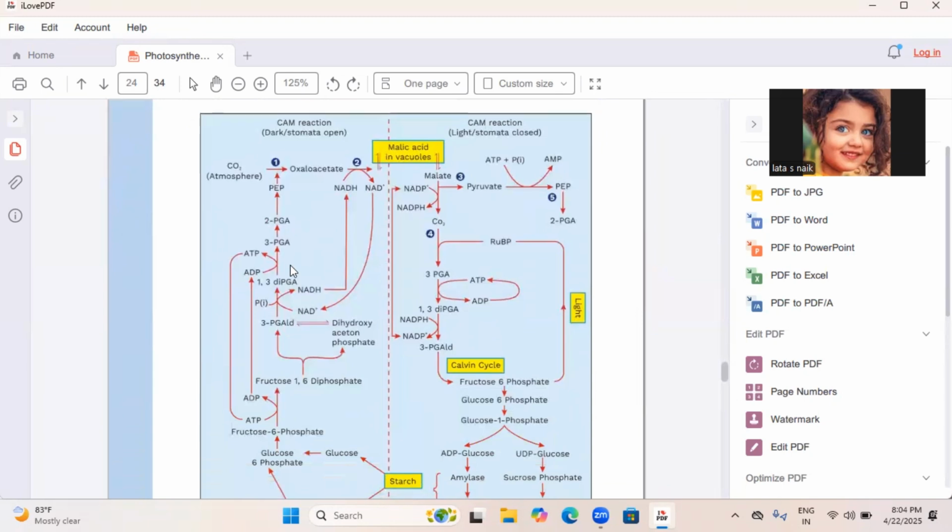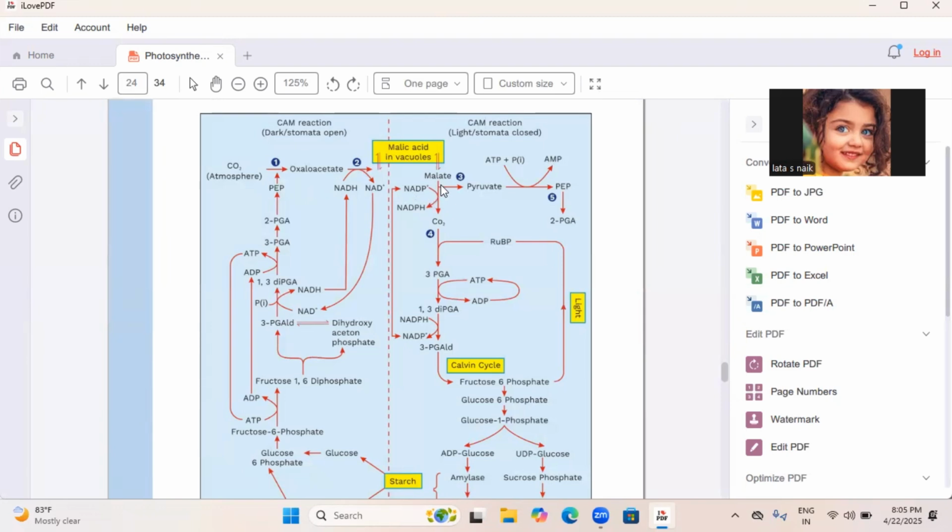So, the CAM reaction mechanism you can observe in this diagram. During night and day, the stomata is open at night here. The stomata is closed during day. Atmospheric carbon dioxide forms oxaloacetate.